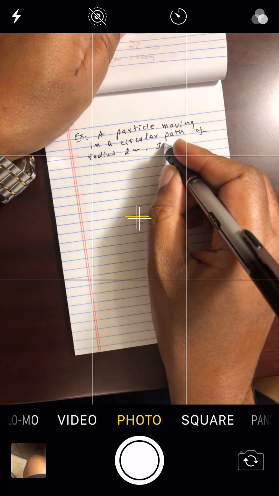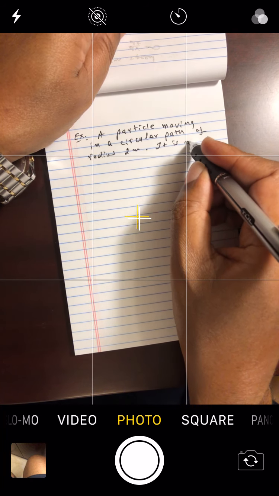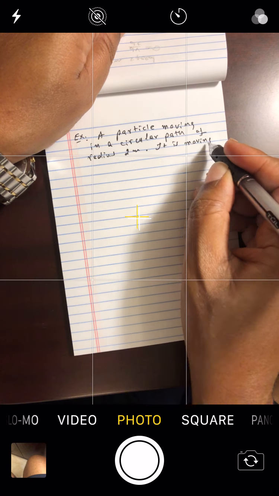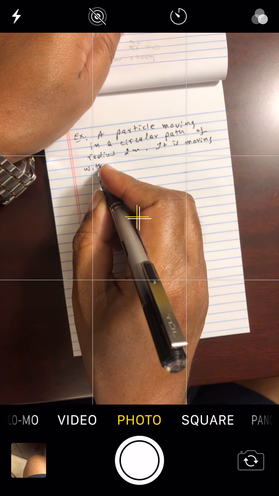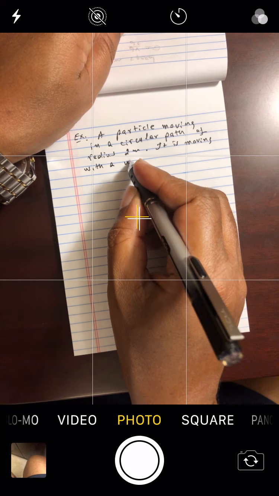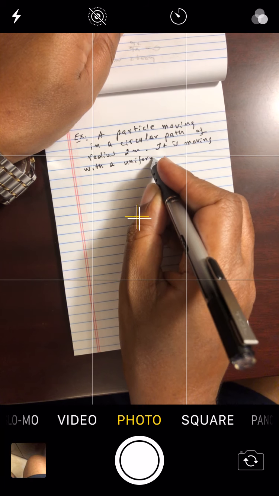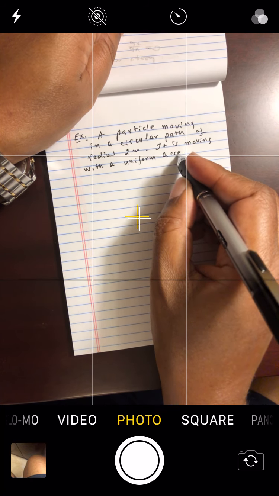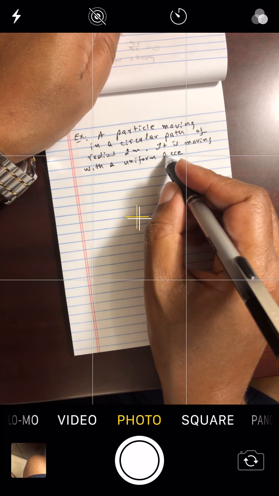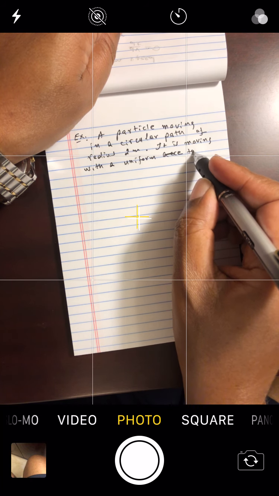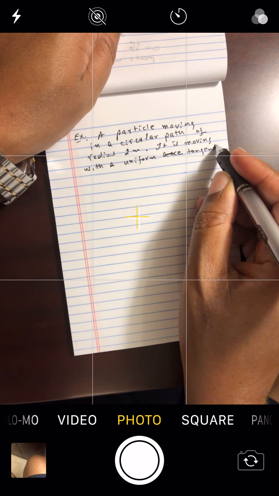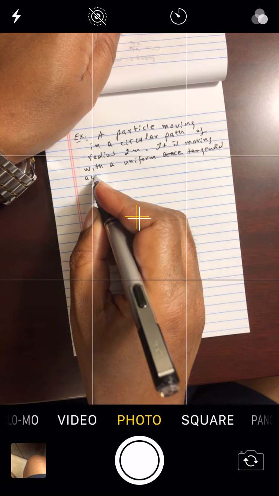It is moving with a uniform acceleration. That's a constant acceleration, with a uniform, I should say tangential acceleration. Tangential acceleration.